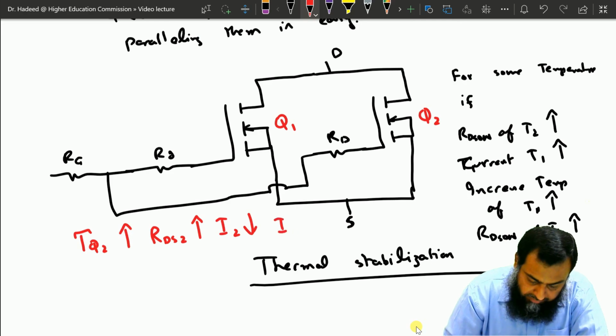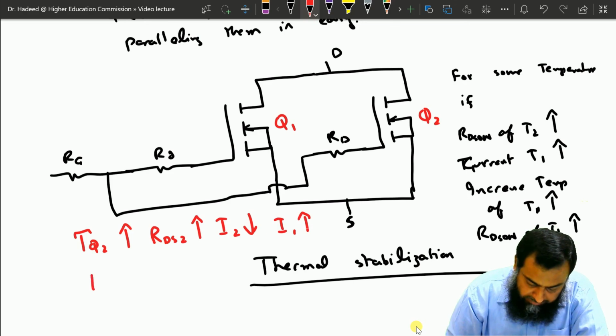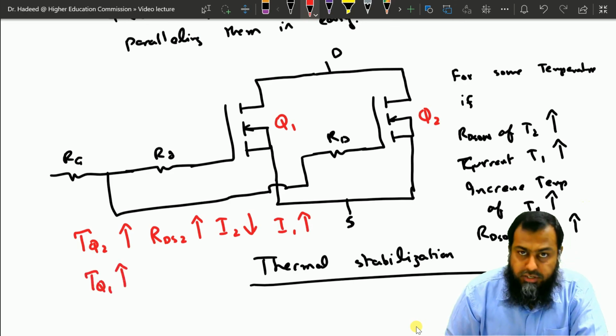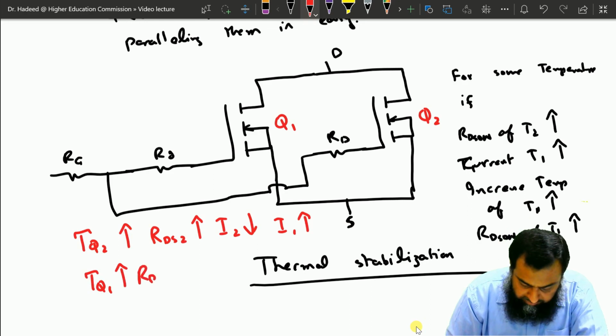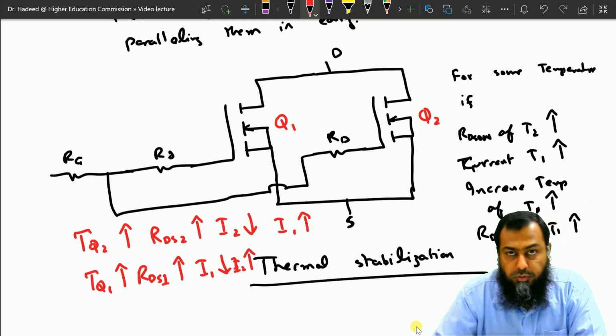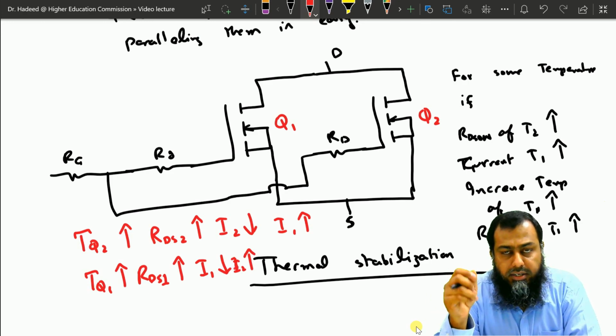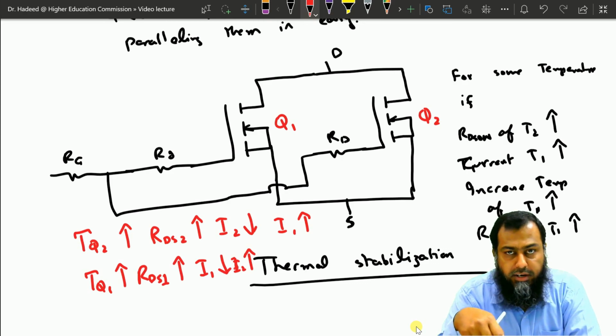As a result, I1 shall increase. As I1 increases, it will increase the temperature TQ1. When TQ1 increases, then RDS1 shall also increase, thereby decreasing the current I1 and diverting more current to I2. Therefore, by default, because of this positive temperature coefficient, the MOSFET has a thermal stabilization process in place that allows multiple devices to be connected in parallel without having a current sharing mechanism.